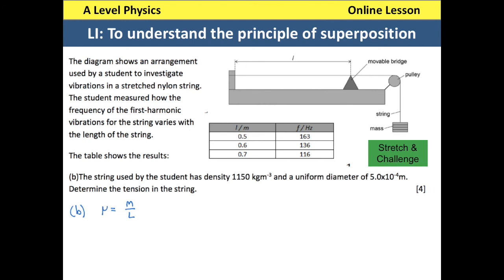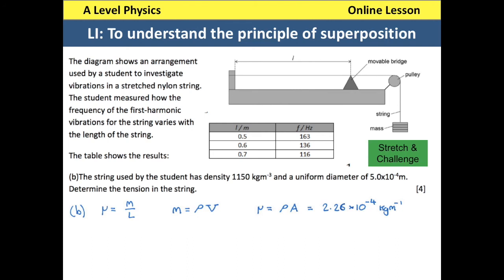Mu, of course, is the mass per unit length. Now, I don't know what the mass of the wire is, but I do know its density and I do know its diameter. So I can make use of the fact that mass is density times volume to work out that mu would actually be density times area, because of course volume divided by length is area.